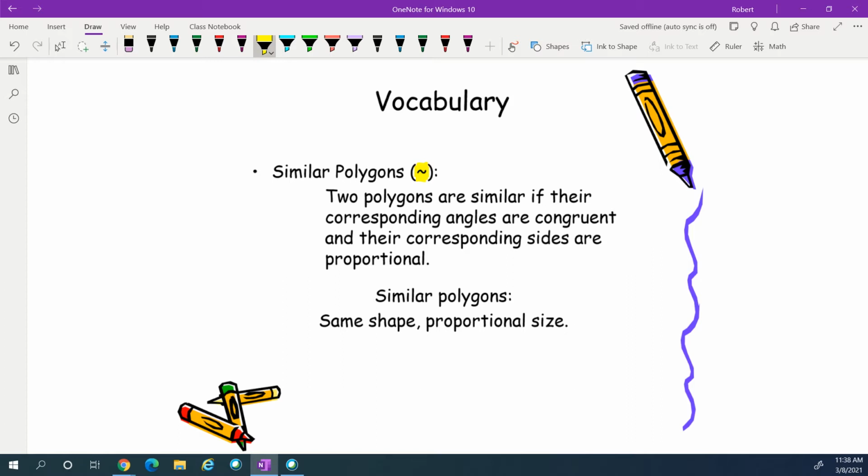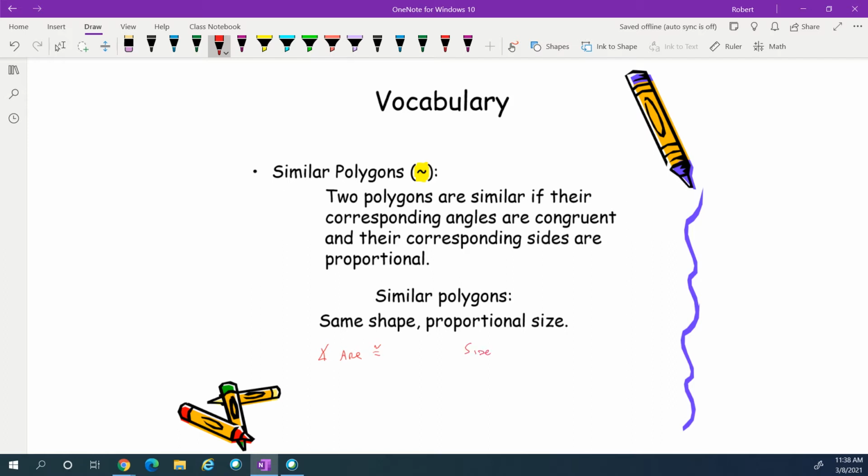We could say that two polygons are similar if their corresponding angles are congruent and their corresponding sides are proportional. So with congruence, we said same shape, same size. With similarity, we're going to say same shape, which means the angles are congruent, but we're going to say proportional size.